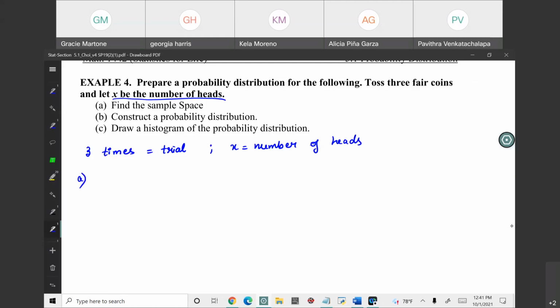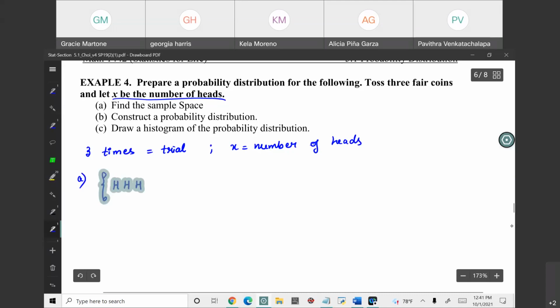Find the sample space. Now we are tossing a coin 3 times. So what might be the chances? First time I get head, second time, third time. Let me write it like this: the first time, the second time, and the third time.